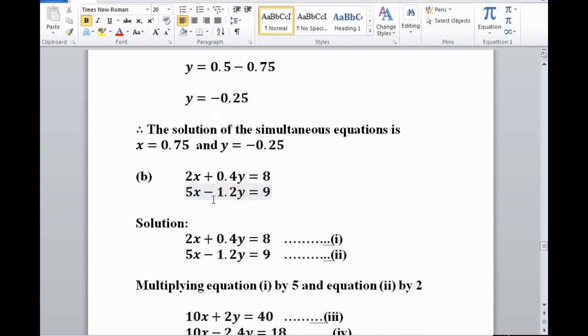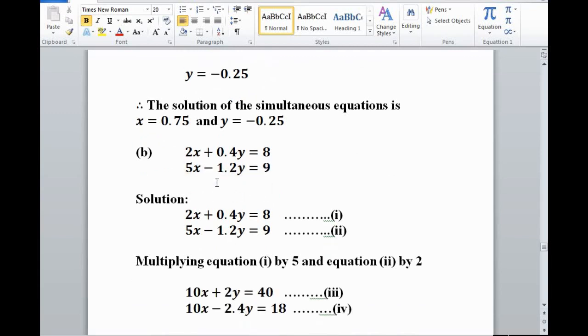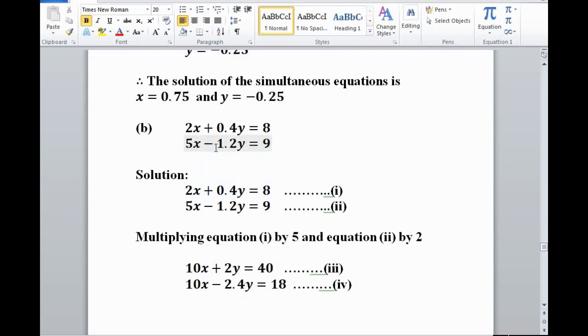Now second part from this question, actually we are solving intermediate level questions from this exercise 2E. So second part from this question 5 is 2x plus 0.4y equals 8, and the second equation is 5x negative 1.2y equals 9. So step 1 is to name these two equations as equation 1 and equation 2.